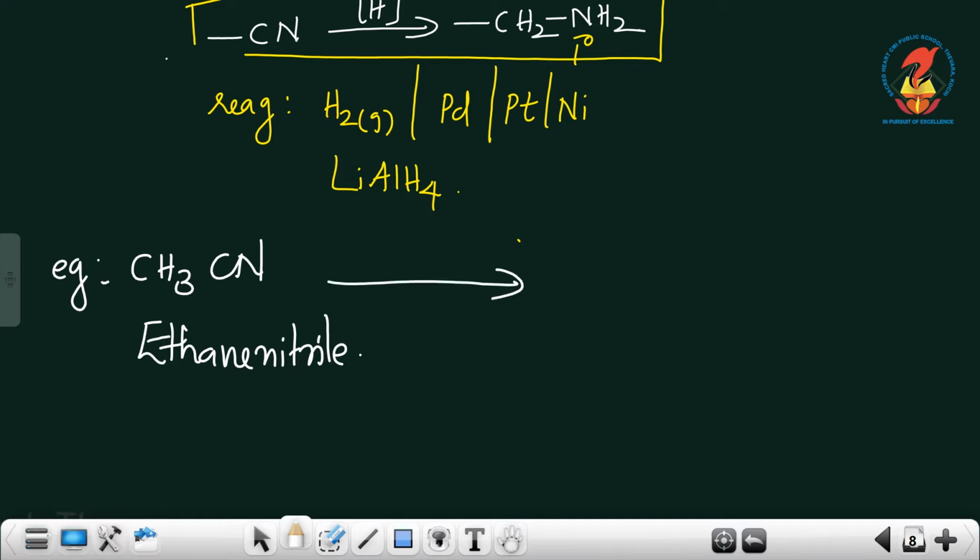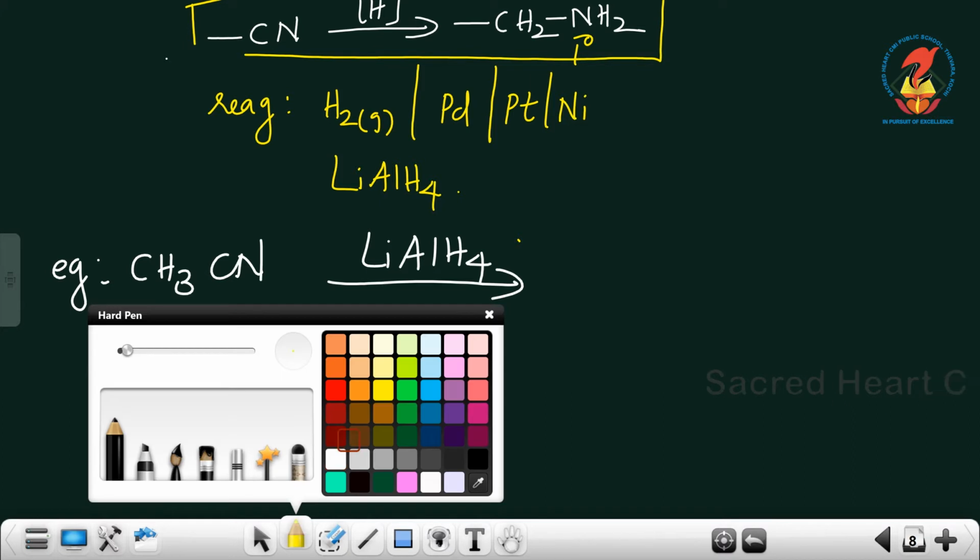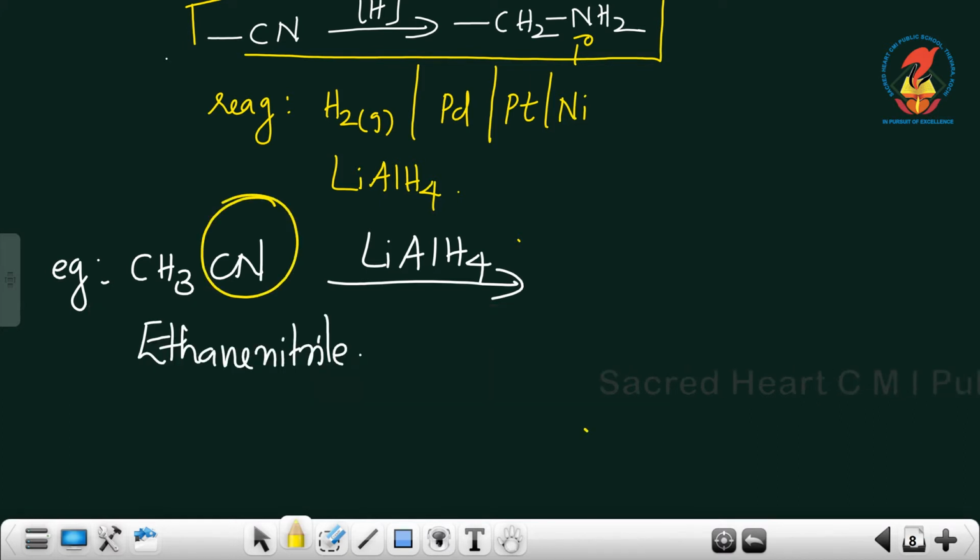Okay, on reaction with, above the arrow it is given as LiAlH4. From the reagent it is clear that the reaction taking place is reduction. If it is reduction, CN group will be reduced to CH2NH2. So what we have to do is CN replaced by CH2NH2. The remaining things we can copy.